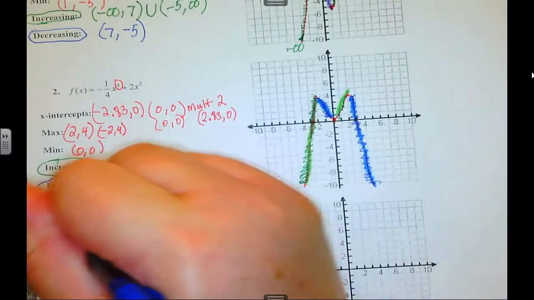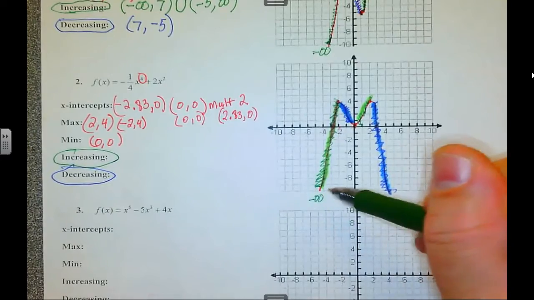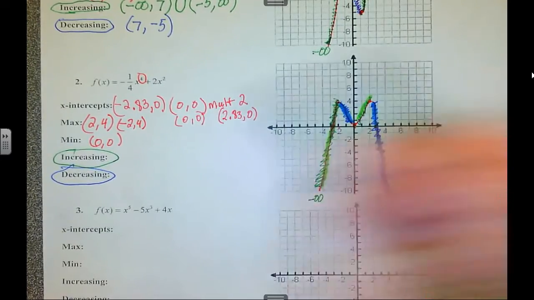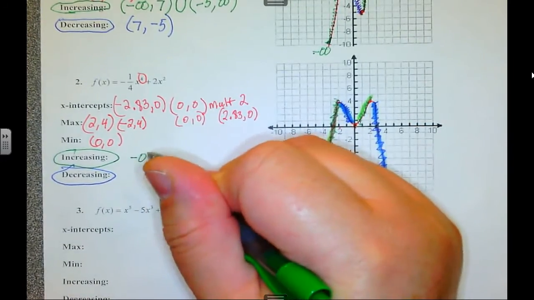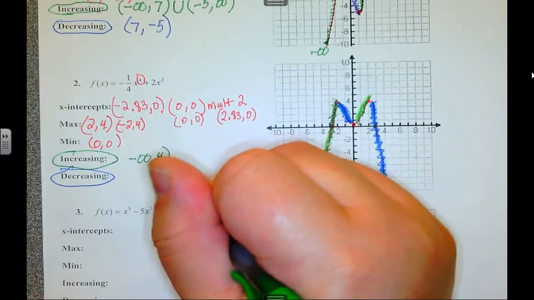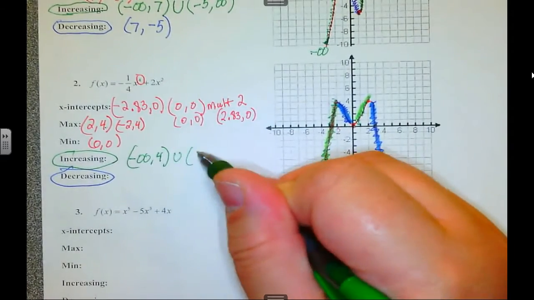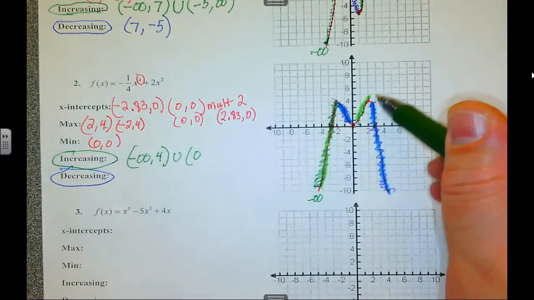Okay, where is my graph increasing? Well, negative infinity to, yep, 4. It's also increasing from 0 to 4.